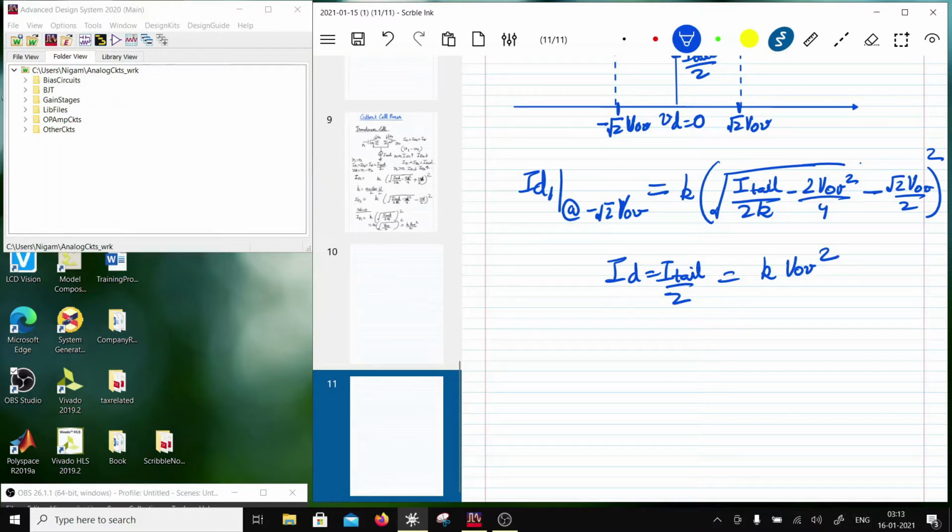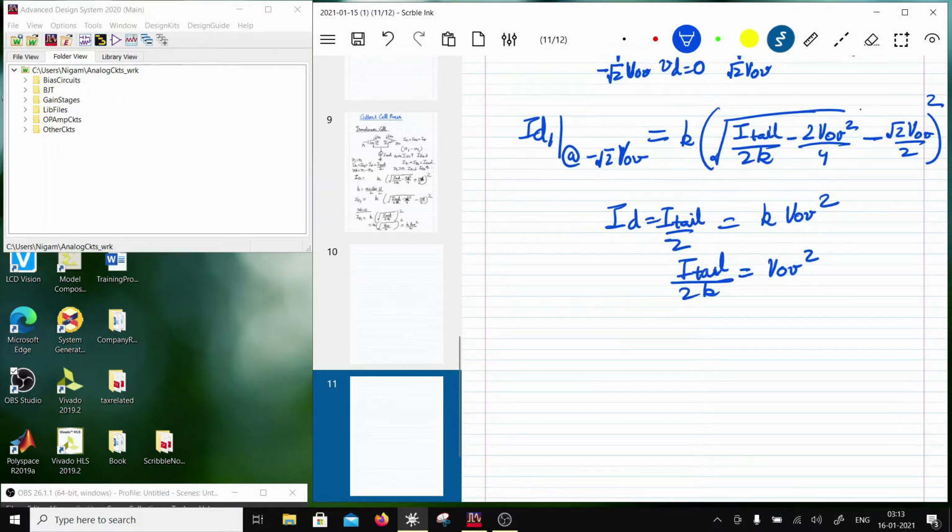So then I tail by twice of k is equal to V overdrive square. Now in this case I have to substitute V overdrive square.